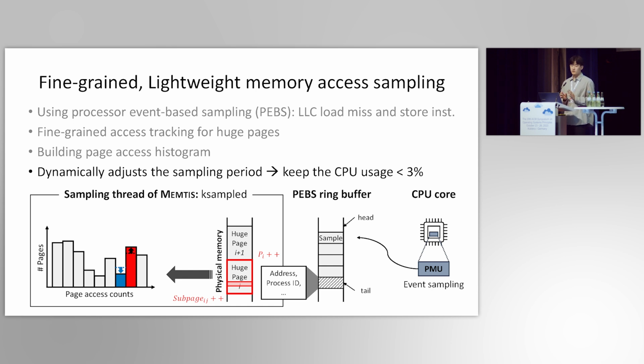By default, this limit is set to 3% of a single CPU time. We observed that across all our evaluated benchmarks, ksampled only consumes roughly 2% of a single CPU time with 0.9% of performance overhead on average.